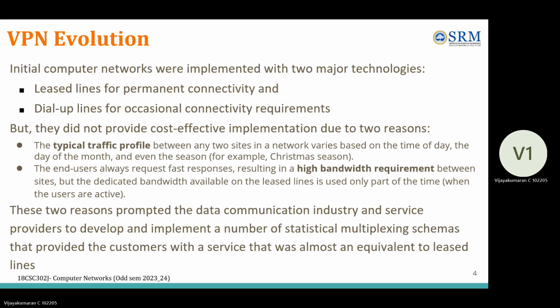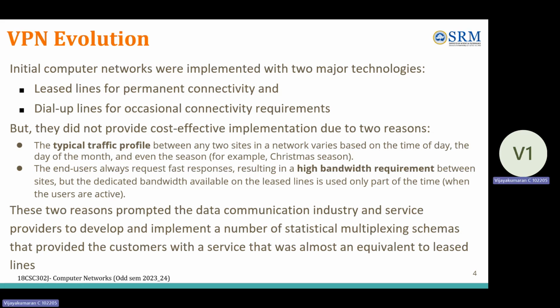But you are wasting the bandwidth when it is not utilized properly. The next one is dial-up lines. Whenever you want to connect to the internet, using the dial-up lines connected with a device called the modem, modulator-demodulator, you can connect to the internet whenever you are required to.